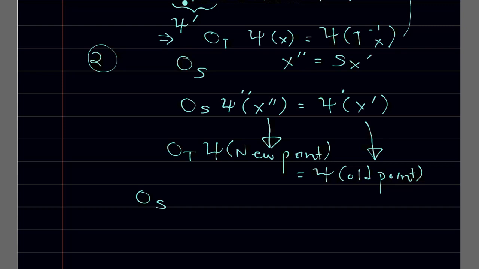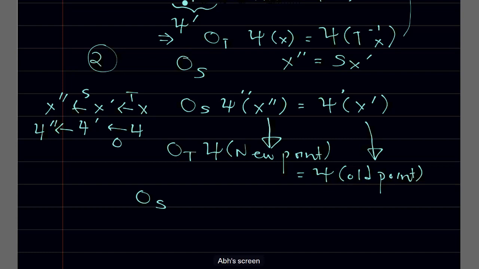Accordingly, in coordinate space, we went from x to x prime through T, and through S we are going to x double prime. Similarly we went from psi to psi prime and then to psi double prime. Here we used OT, and here we are going to use OS.